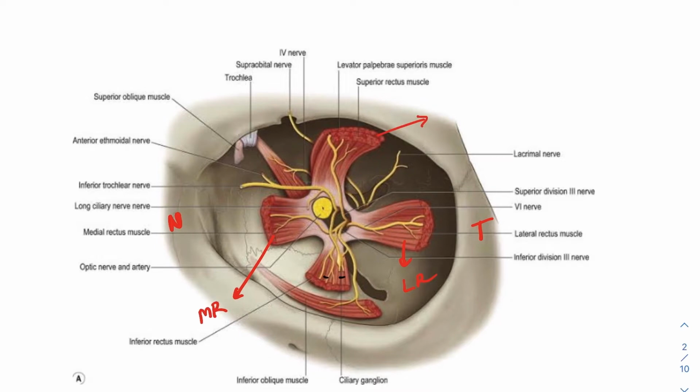Here are two muscles: the upper one is levator palpebrae superioris and the lower one is superior rectus. Here is the inferior rectus, and one muscle which originates from here, the maxilla, is inferior oblique, and the one which crosses the ligament is superior oblique.